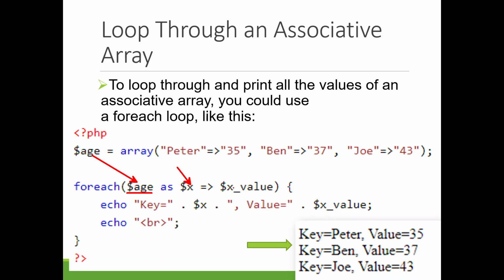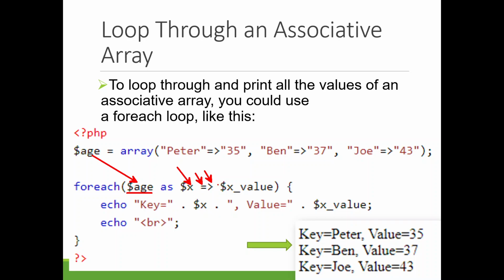Then what we want to pick is the value. So we are using the arrow operator. It's called the arrow operator. It's going to pick up the value in this array now, and it's going to store it here in this variable x underscore value.